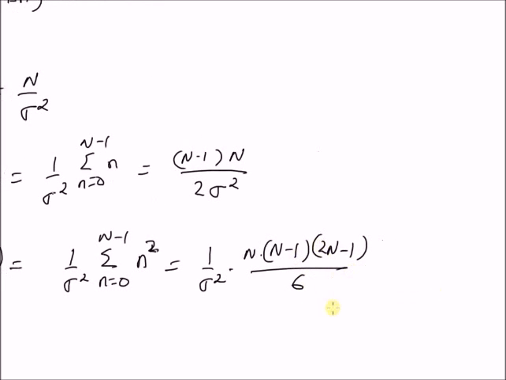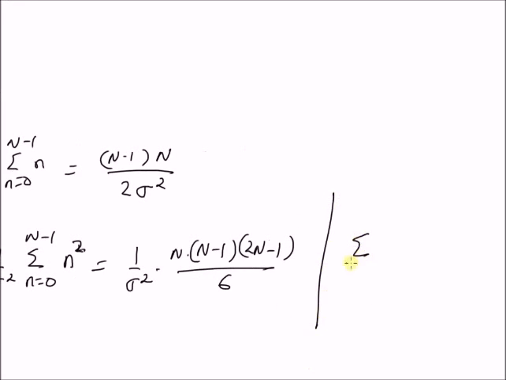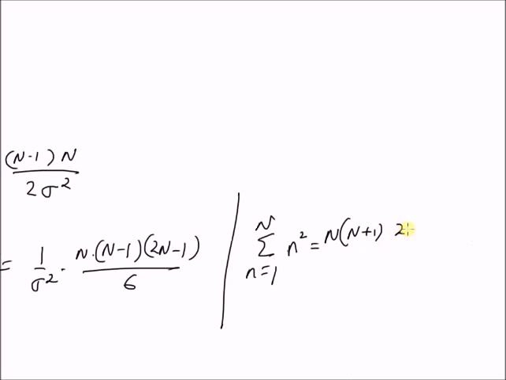This is based on the expression for the sum of the squares of the first n natural numbers, and now we replace n with n minus 1, we get this formula. That is, summation n equal to 1 to n of n square is defined as n times (n plus 1) into (2n plus 1) divided by 6. So when you transform n to n minus 1, or replace n with n minus 1, you get this formula.